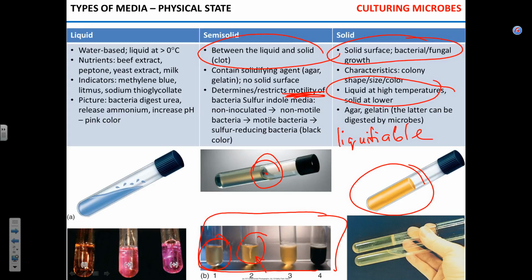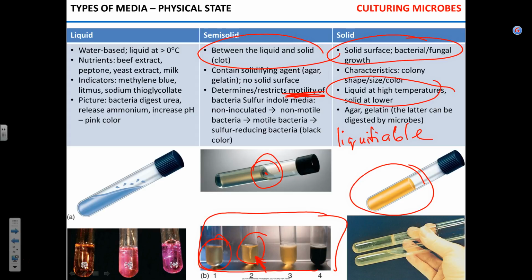This one. So that trace is where you inoculated it. I don't have that thing here, but imagine the loop without the loop. Just pretty much like a needle. So pierce it, pull it out. Wherever you pierced it, bacteria stays there. It's non-motile, it doesn't move.